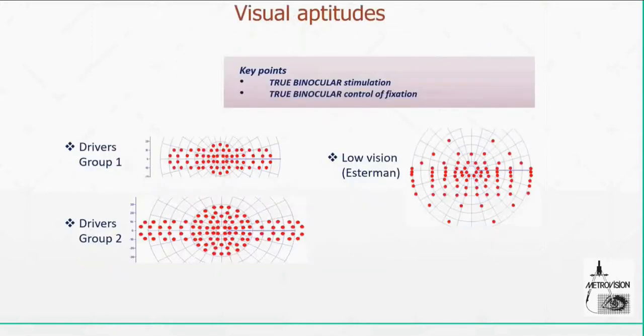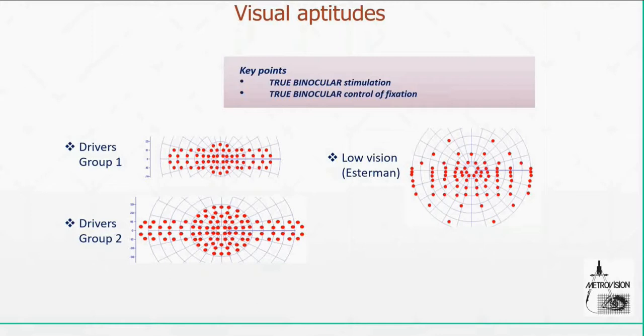Another feature of this unit, even the basic one, is that it's a true binocular equipment. That's for 2 reasons. We have binocular tests we need for driving, drivers, also for low vision. Unfortunately, most of the equipment don't really do those tests under binocular conditions.